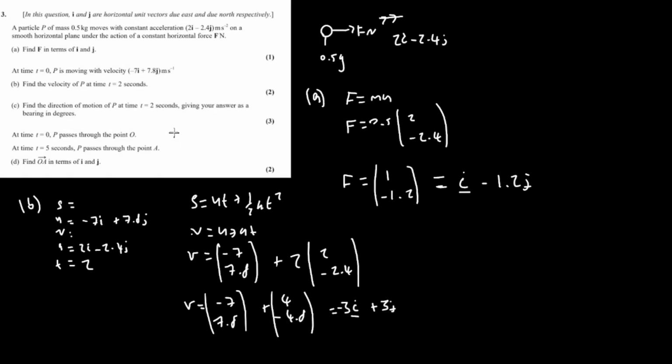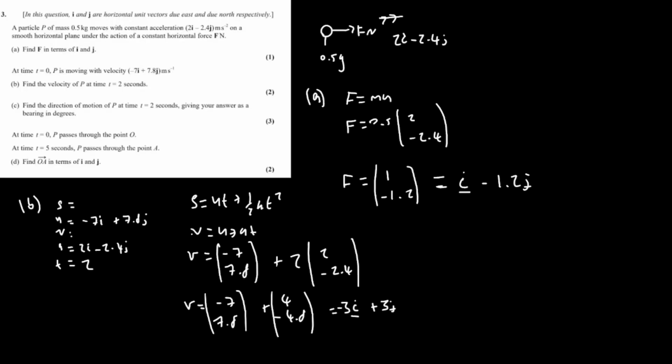Part C, find the direction of motion at t equals 2 seconds, giving your answer as a bearing. Now, if you remember from bearings at GCSE, bearings start from north and they move clockwise.